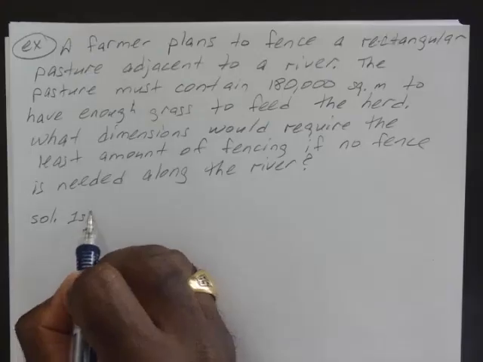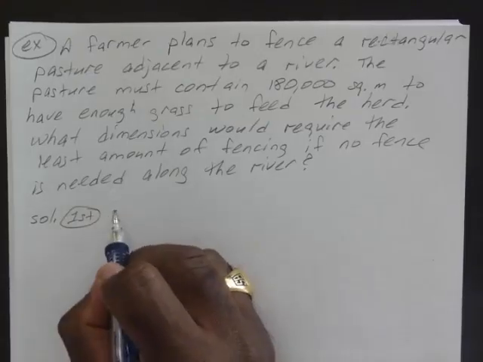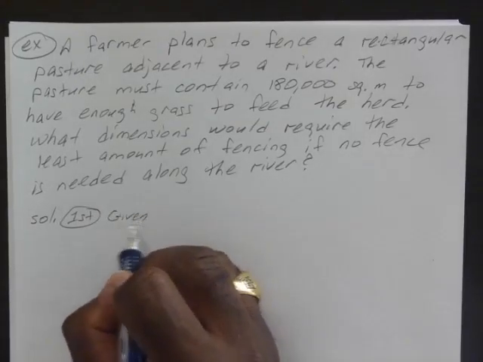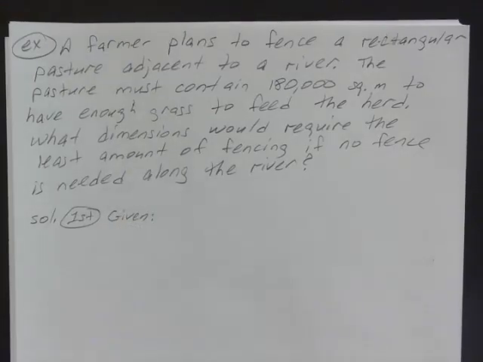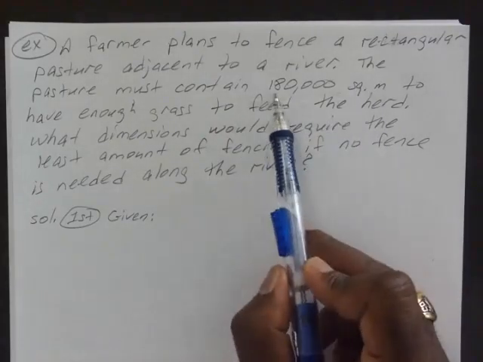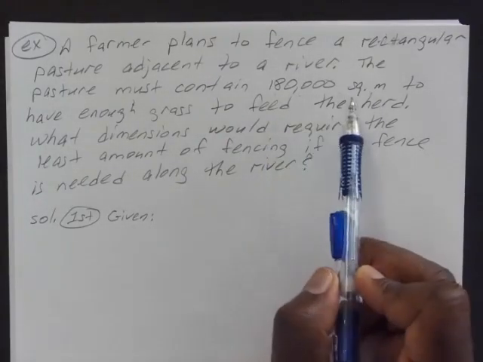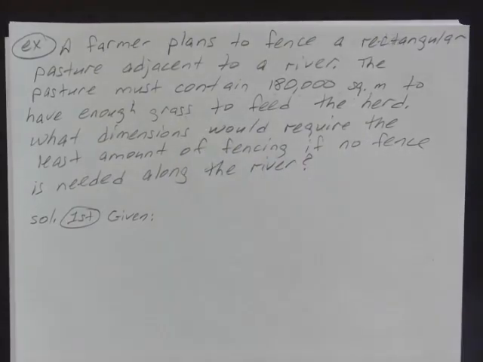Okay, so let's look at the first step. We want to identify what's given to us. Okay, well, it says that the pasture must contain 180,000 square meters in order to have enough grass.